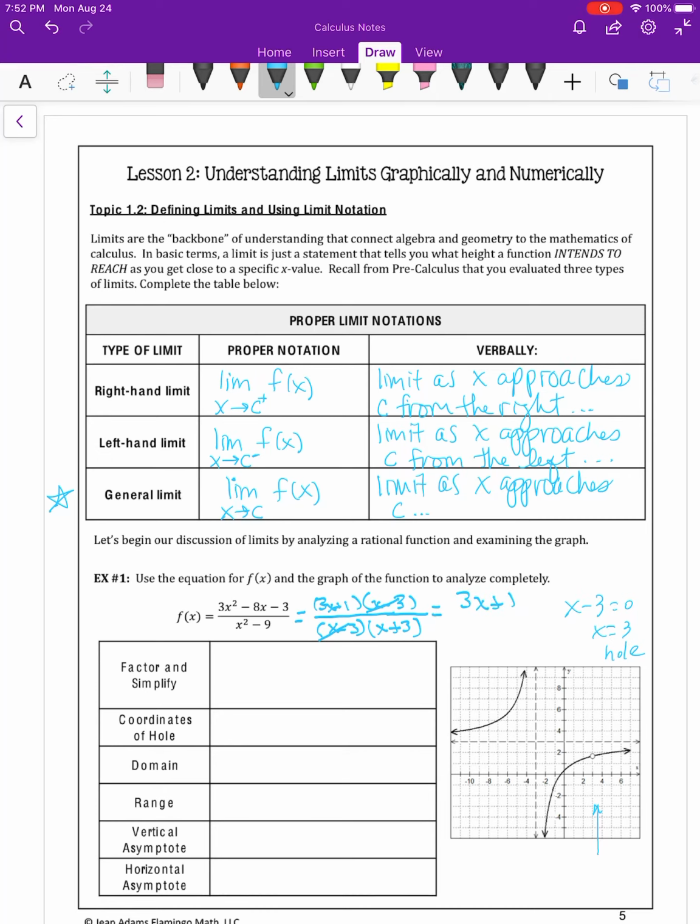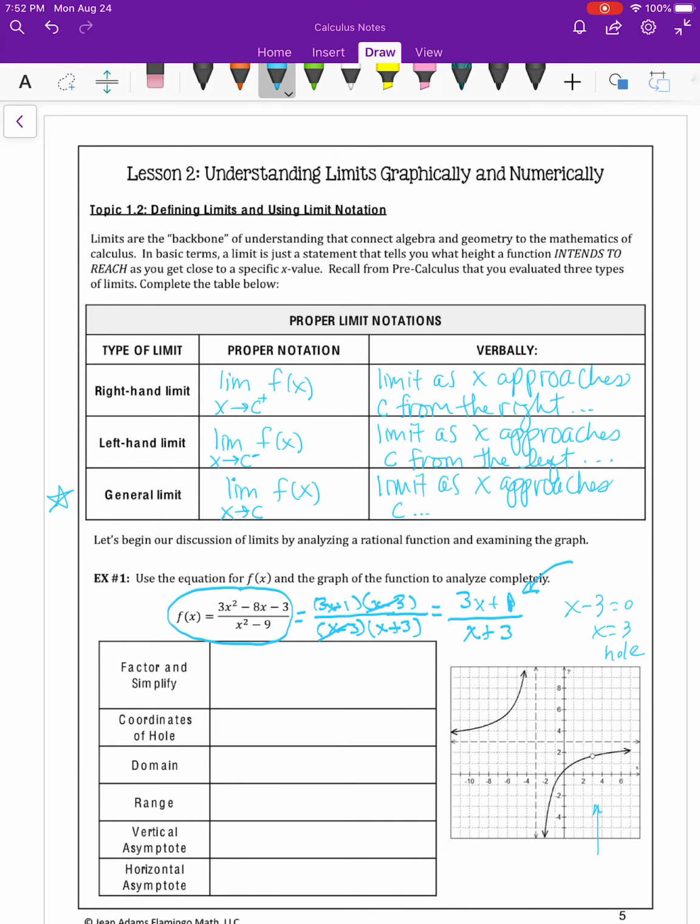So this simplifies to 3x plus 1 over x plus 3. Okay, so this is your function, only it basically looks like this function with a hole.